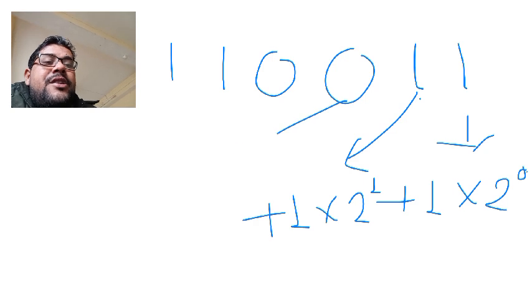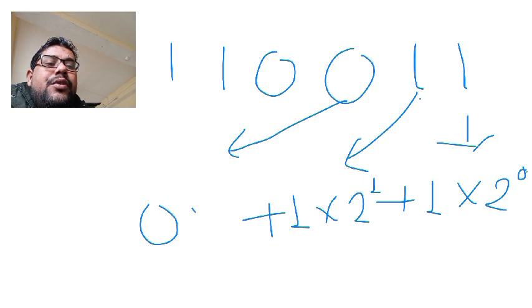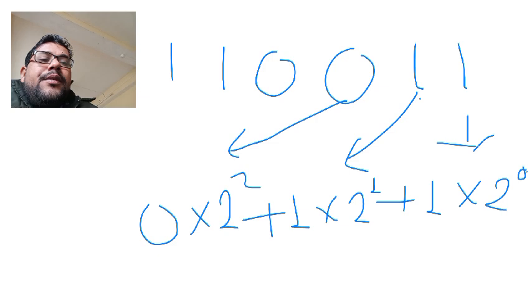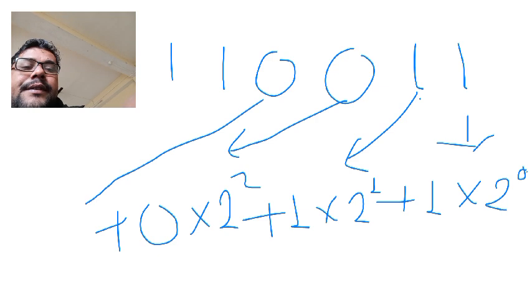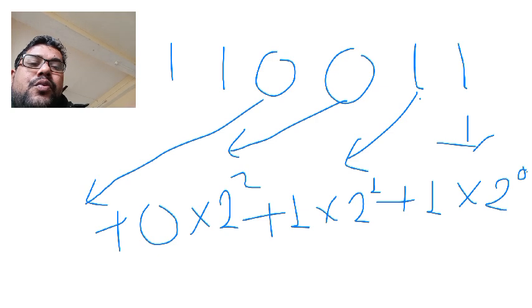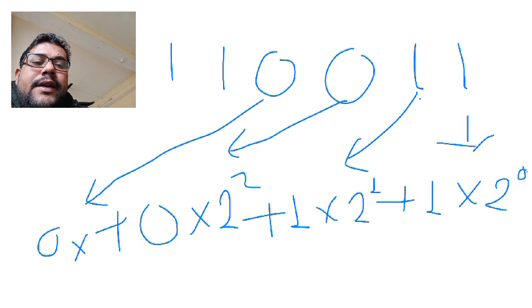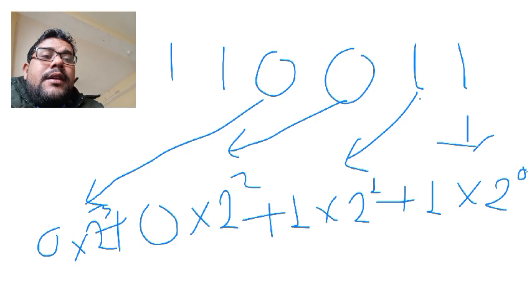Plus, for the next digit, we write 0 into 2 to the power 1. Plus 0 into 2 to the power 2. Plus 0 into 2 to the power 3.